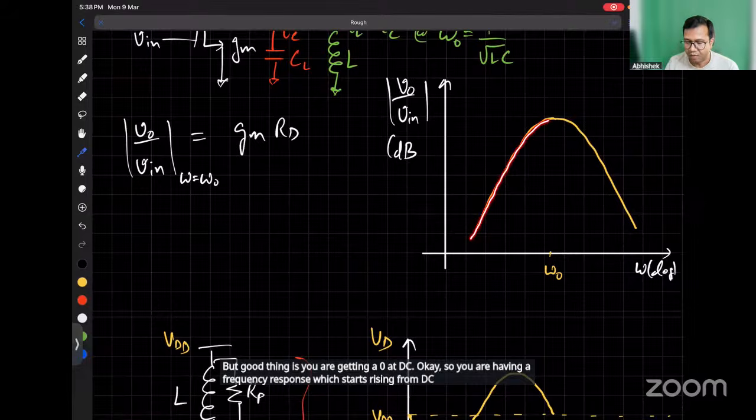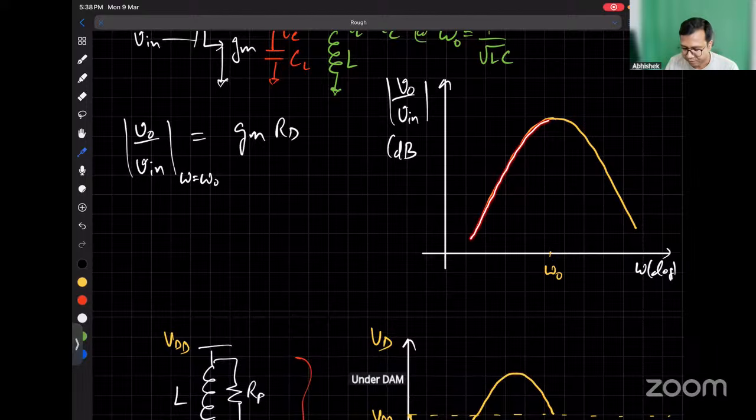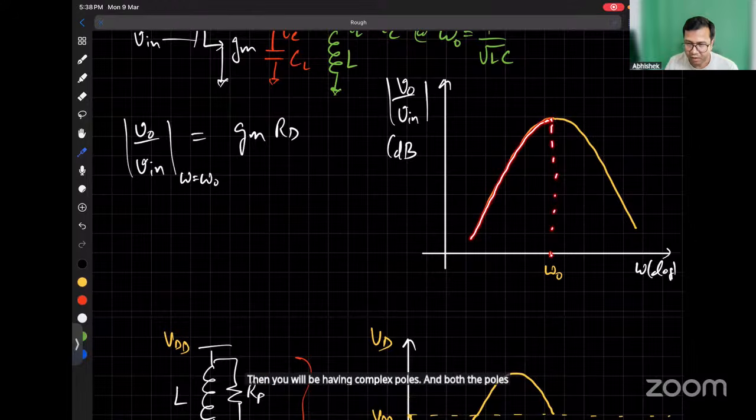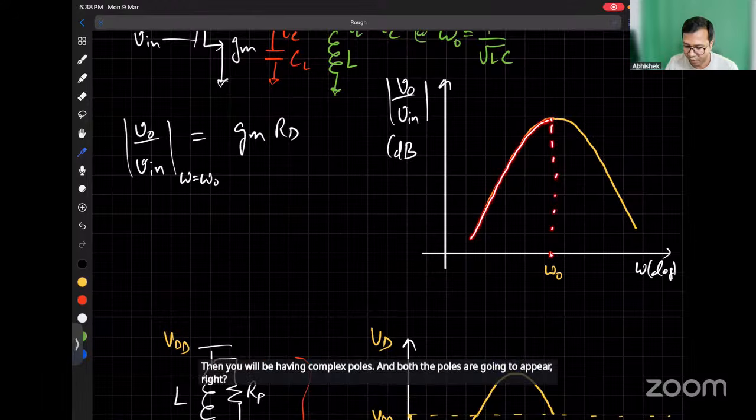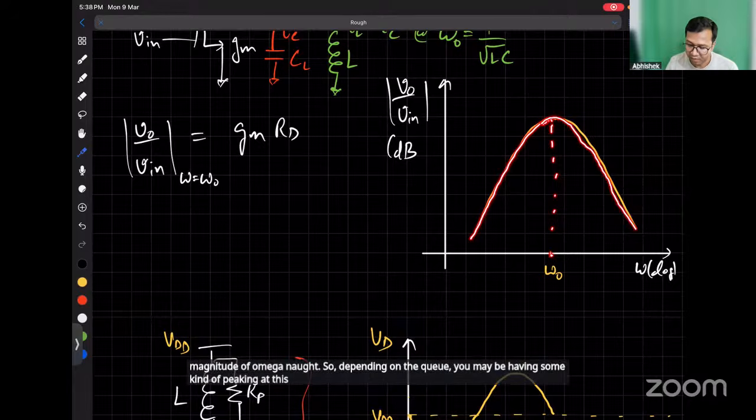If you have an underdamped system where your quality factor is more than half, then you will have complex poles, and both poles appear at a magnitude of omega naught. So depending on the Q, you will have some peaking at this frequency, and then roll off.